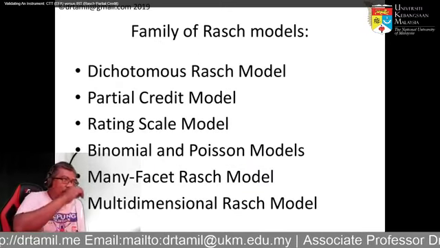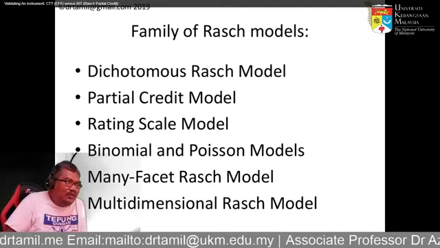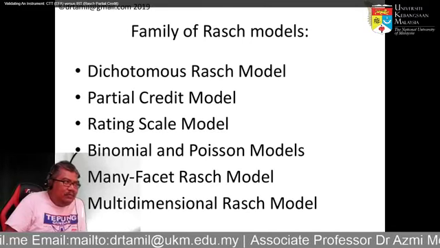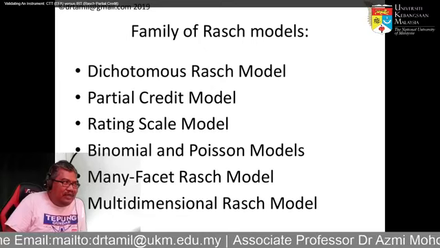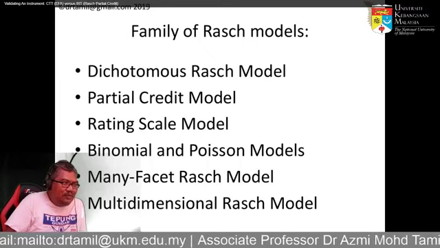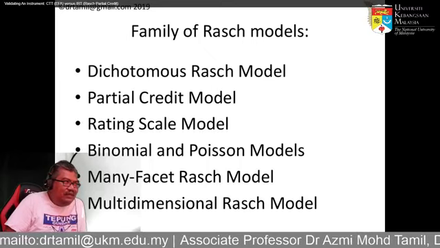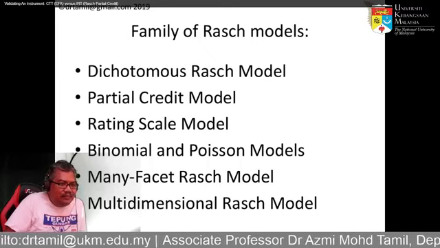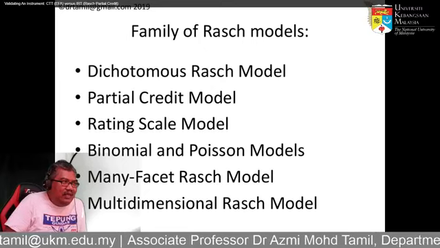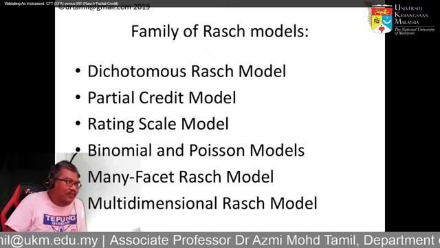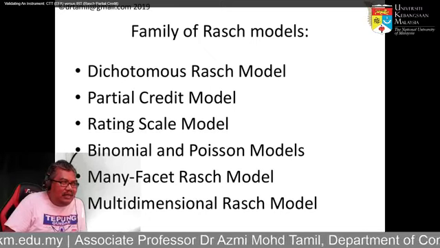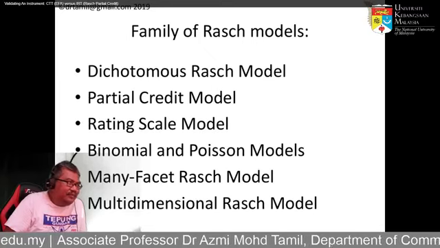Okay, so there are a lot of these Rasch models. We already covered last Tuesday the dichotomous Rasch model. So today we're going to cover the partial credit model. Partial credit model and rating scale model, the approach is similar. The only difference is for the partial credit model, the patient's response, the ordinal scale, is not the same from the start to the end. For the rating scale model, the Likert scale is the same from the start to the end.